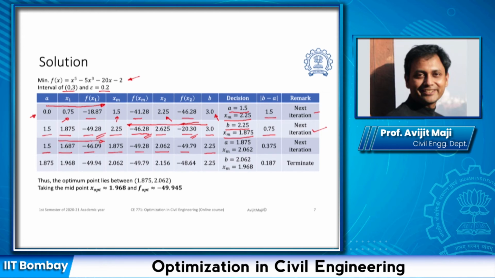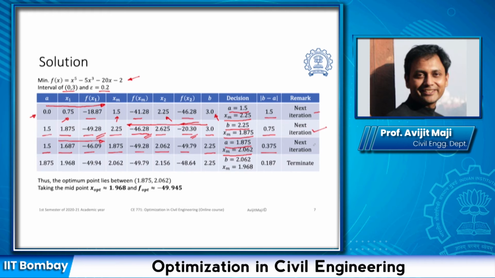or the middle point, and revise our lower boundary to be equal to the middle point, which is 1.875. Revise the middle point and then look into the precision, which is still higher than the precision value which we want to achieve.